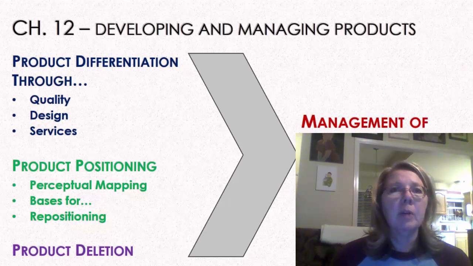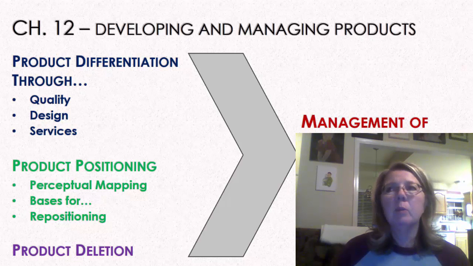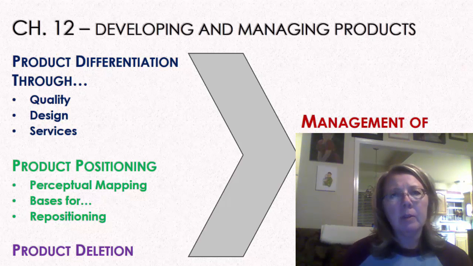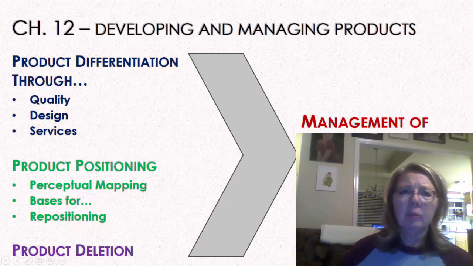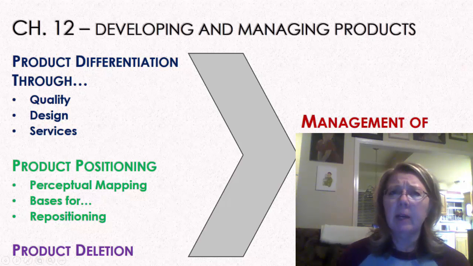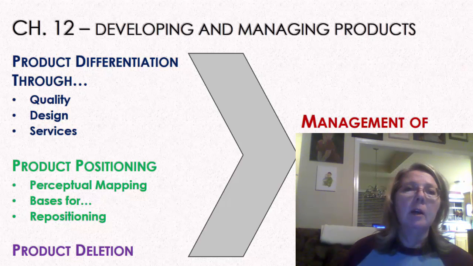So there is a process to evaluate what you have in your product line, what's working for you, what's profitable, what's not. And then if you are finding products that aren't profitable, there's a process you would go through to remove those from your line and from your offering. So take a look at that in the chapter. And through all of that, think about yourself as a potential manager of all of those processes.